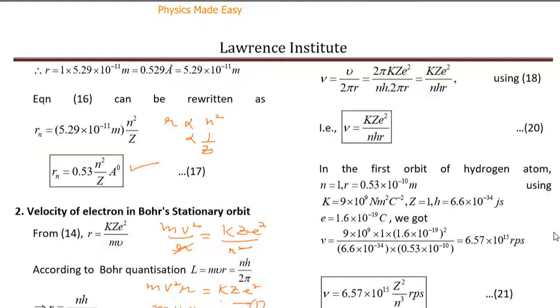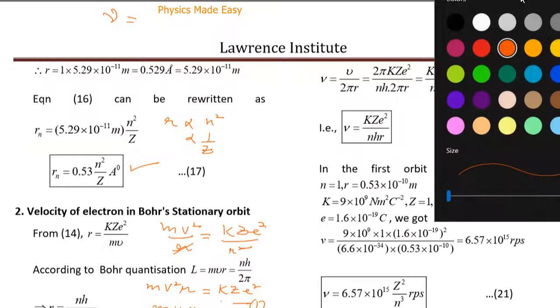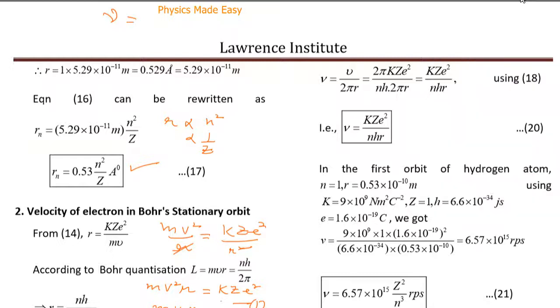Now I shall be filling the value of v as well as r. I shall start writing from this side, so that we do not face paucity of space. We shall have nu is equal to v by 2 pi r.